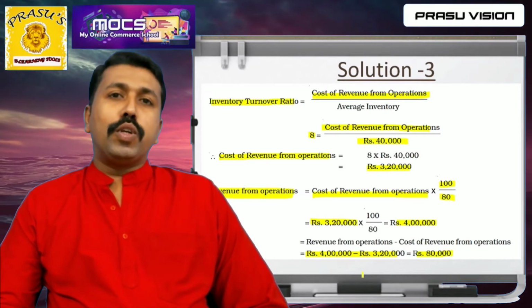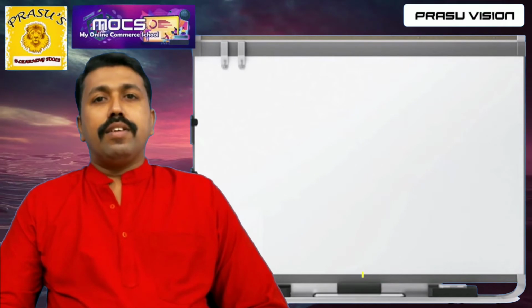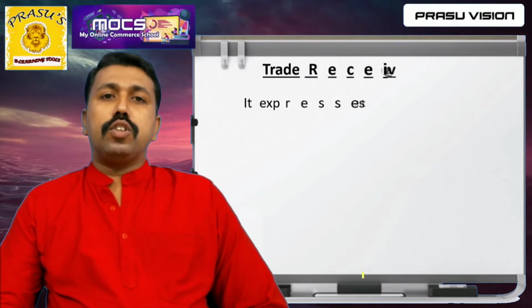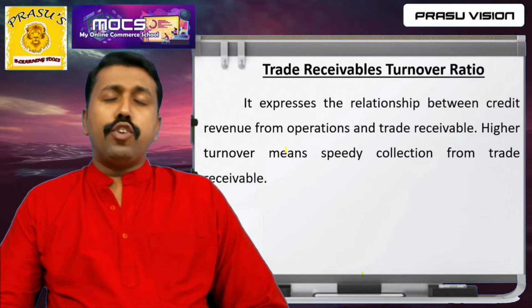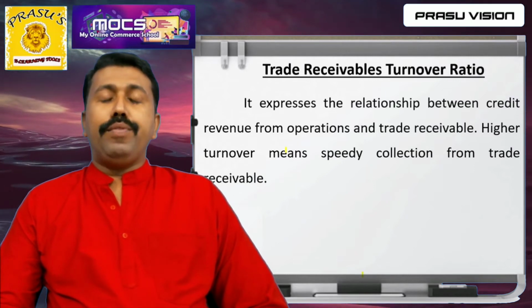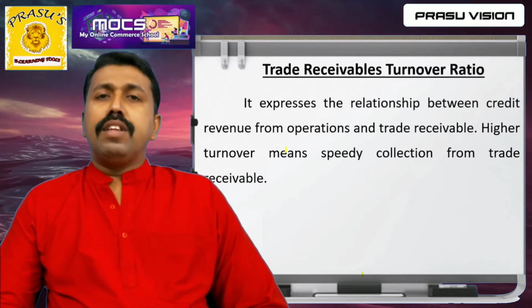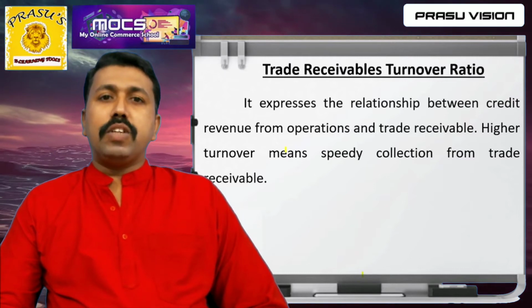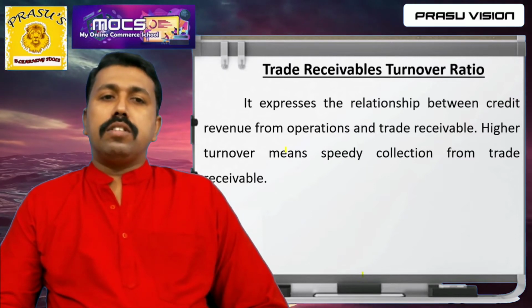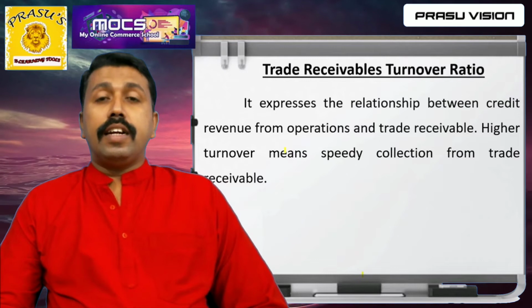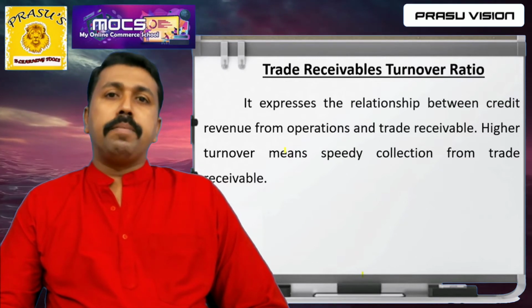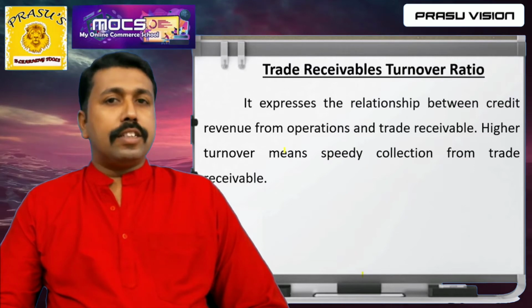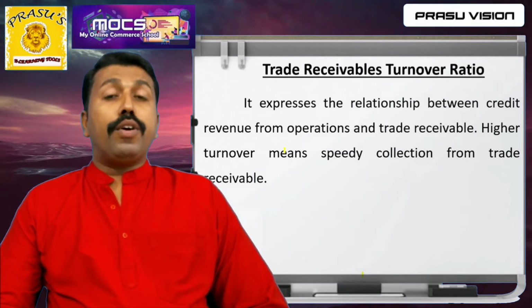My dear students, moving to another category in this family, activity or turnover ratio, that is trade receivable turnover ratio. It does not have much importance, but we have to remember. This ratio shows the relationship between credit revenue from operation and trade receivable, or account receivable.